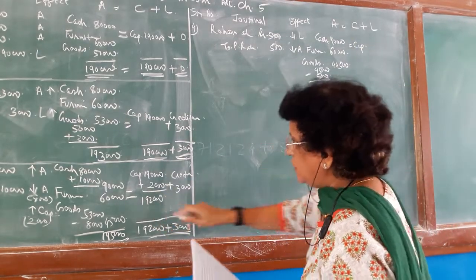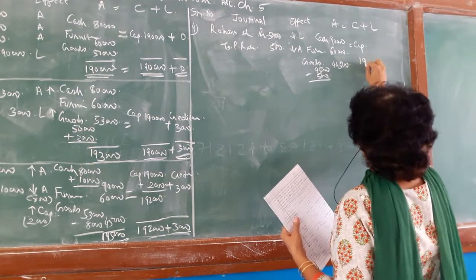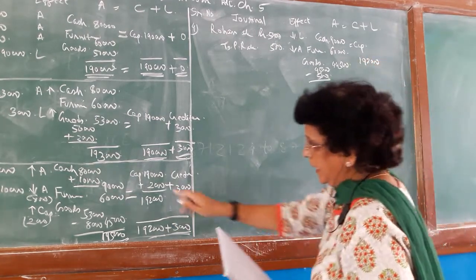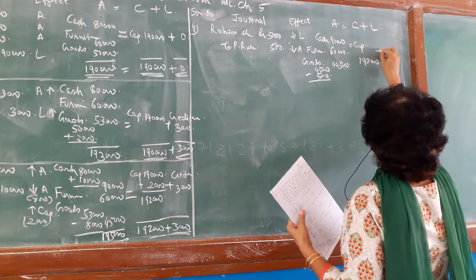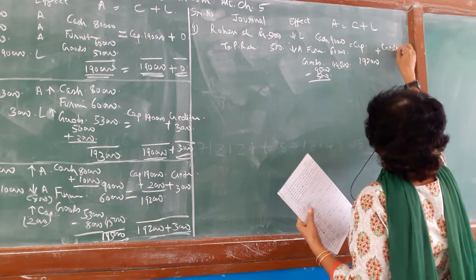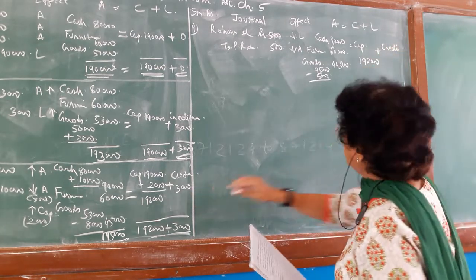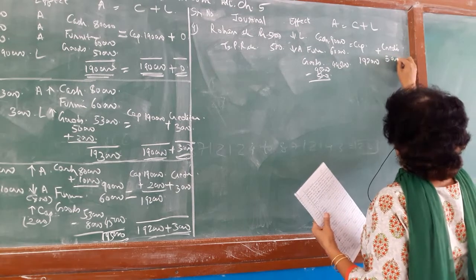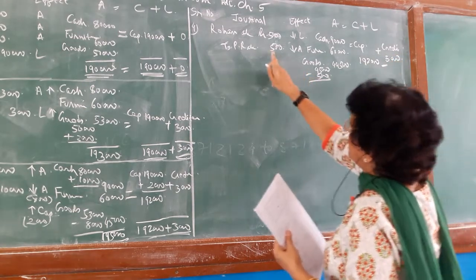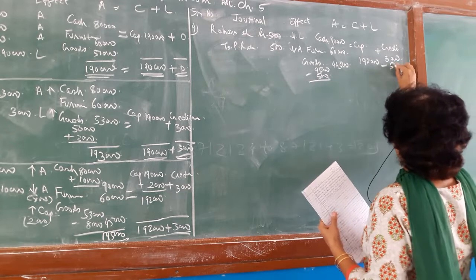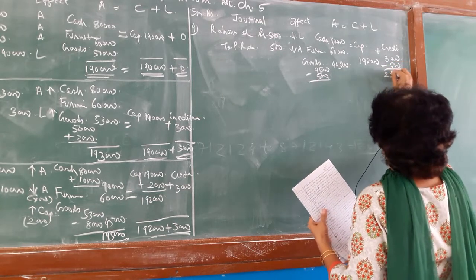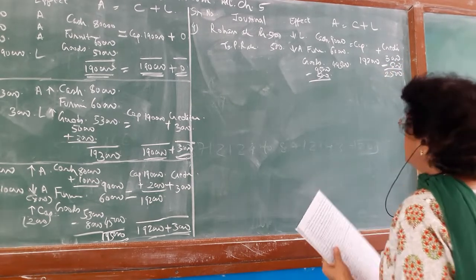There is no effect on capital, so 1,92,000. And the creditors, the Rohan balance was 3,000; minus we are returning this 500 of goods. So now you have creditor amount rupees 2,500.